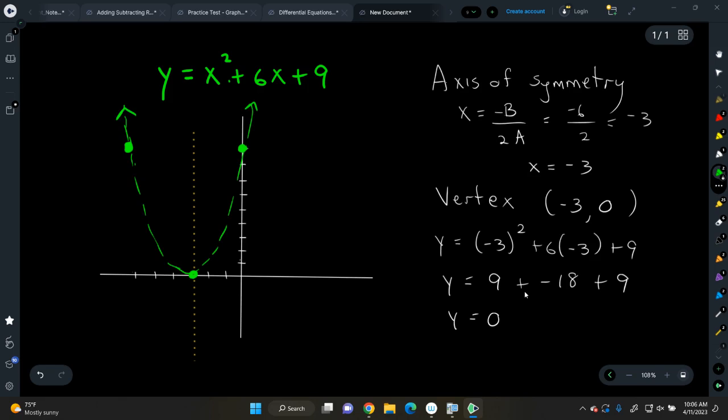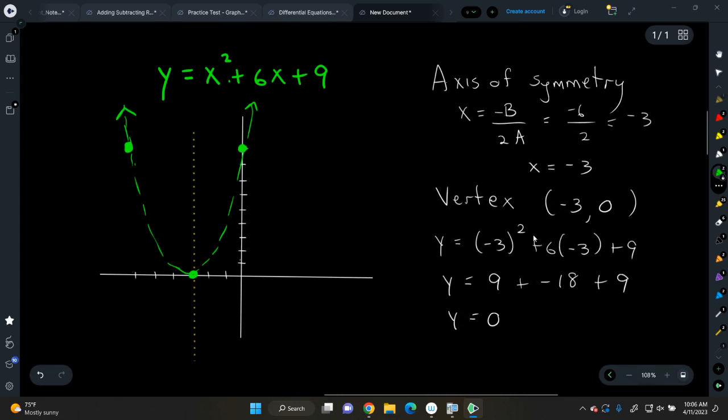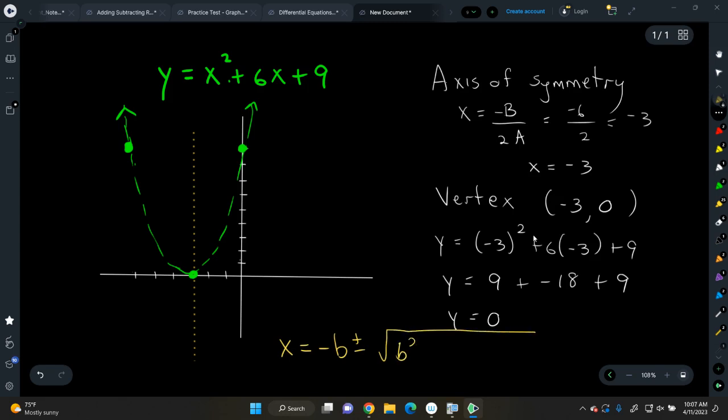Okay. How many times is that crossing the x-axis? Once. Only once, right? So let's look at what happens when we use the quadratic formula. Okay. Let's write it out. X is equal to negative b plus or minus the square root of b squared minus 4ac all over 2a. All right, there's my quadratic formula.